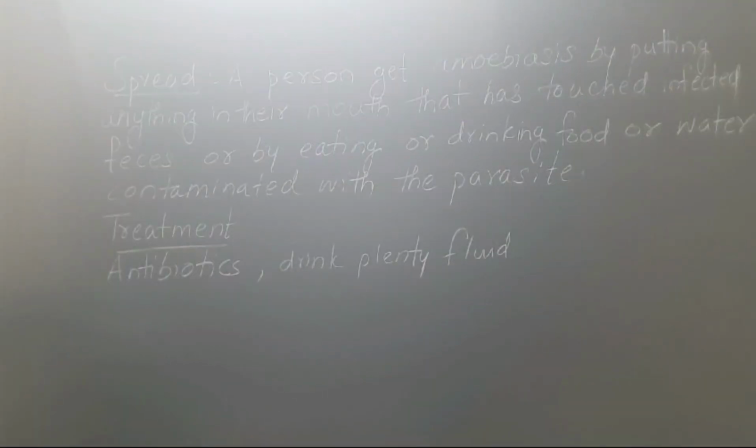How does amoebiasis spread from one person to another? A person gets amoebiasis by putting anything in their mouth that has touched infected feces, or by eating or drinking food or water contaminated with the parasite.